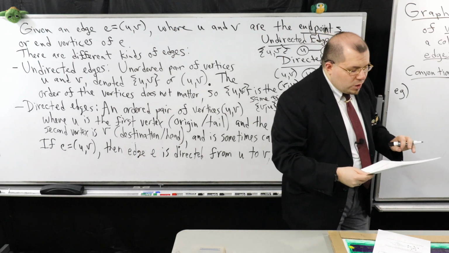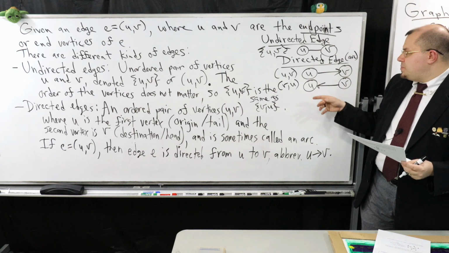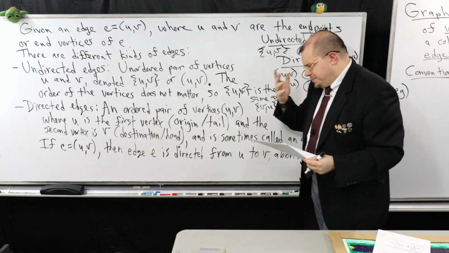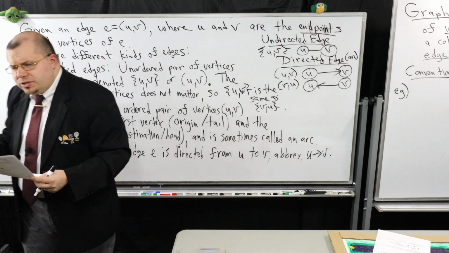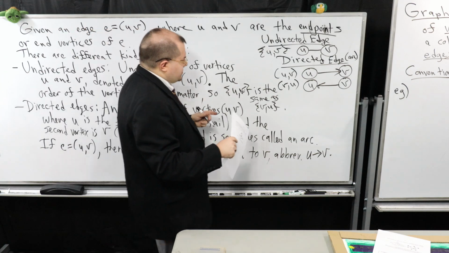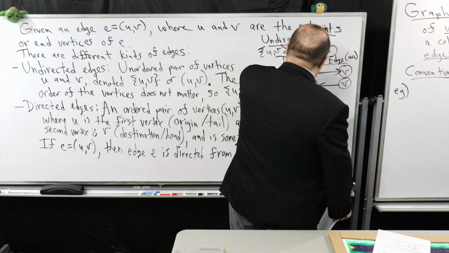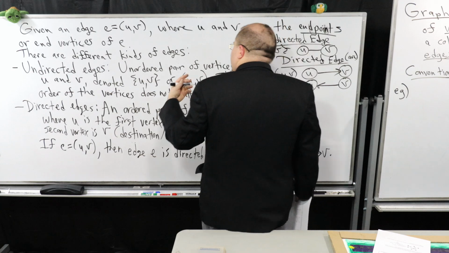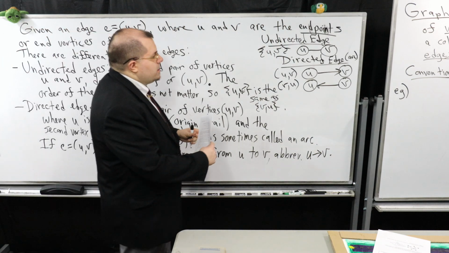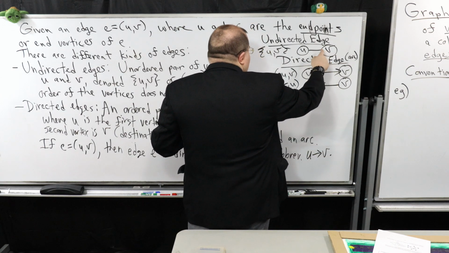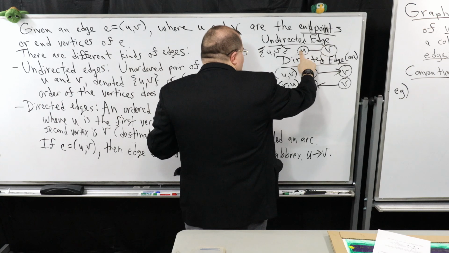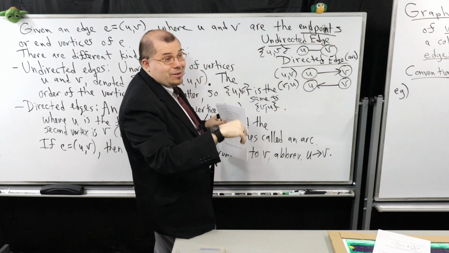Now, one thing I do want to make a remark about is that it's very common, if I give you an undirected edge and you want to describe it as a directed graph more broadly, because remember, with an undirected edge I could go here to here and back. I could go back and forth. The direction doesn't matter at all.